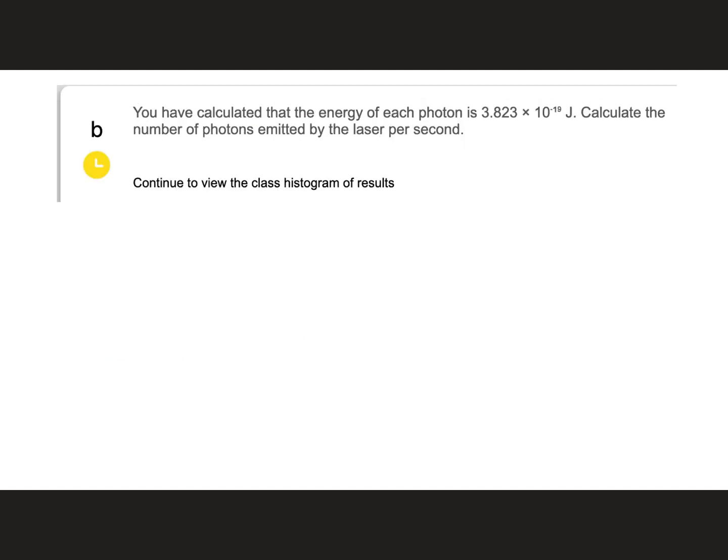There are two ways that we can solve this. The first way uses the information we were told. This is a 20-watt laser, and we know that 1 watt equals 1 joule per second, so we have 20 joules per second.